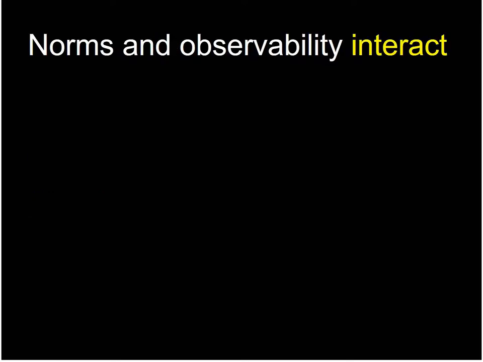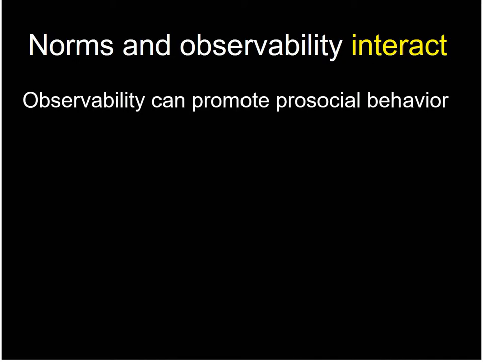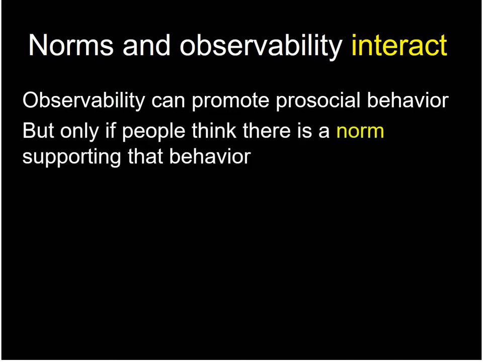Another point to make is that observability and norms are not only the converse of each other, they also interact in an important way. As we said in these earlier slides and throughout this course, observability and reputation concerns can promote good behavior, but that's only true if people think there's a norm that stipulates that the behavior is required.